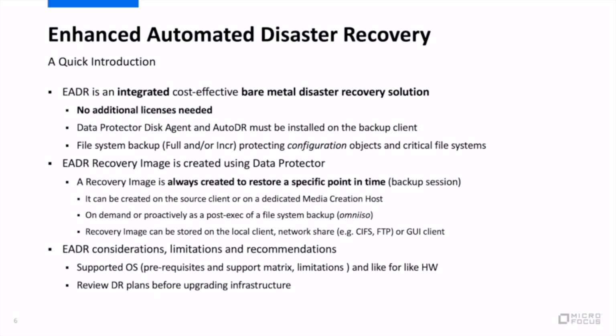Also, always read the support matrix documentation with the current Data Protector version to understand what's possible, what are the limitations, and of course, always test first before deploying any solution in your production environment.